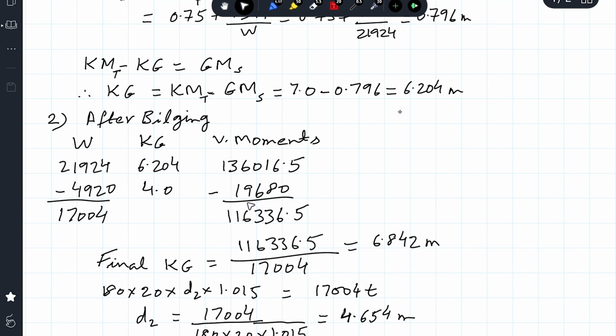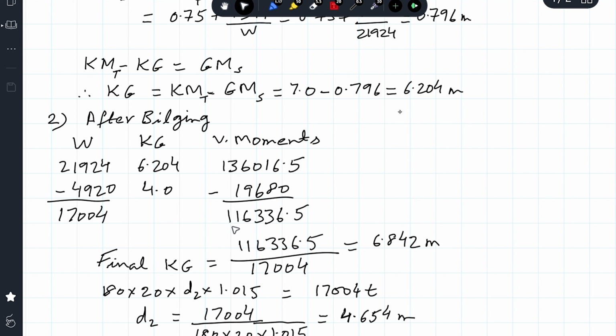So vertical moment: 4920 into 4 is 19680, and we subtract because weight has been discharged. So 17004 tons. This is the displacement of the vessel after bilging.